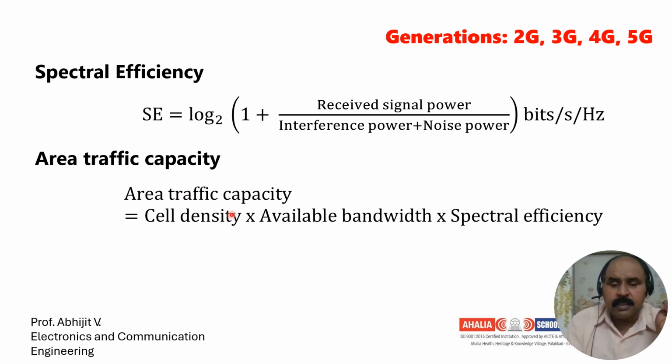The area traffic capacity is defined as the product of cell density, available bandwidth, and spectral efficiency. As we go across the slides, we will come to understand what cell density is, what the bandwidth requirements are, and we will understand in depth what spectral efficiency means.